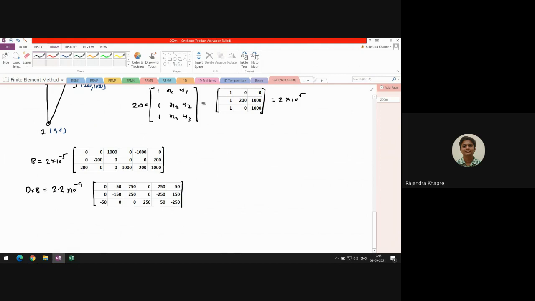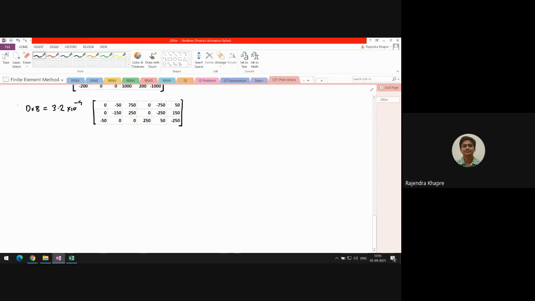Similarly you can go for the K matrix. Directly I'm writing down the K matrix, that is the integration over the volume of B transpose D B dV. So this comes out to be B transpose into D into B, into thickness and into area.